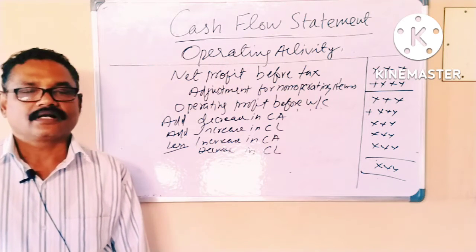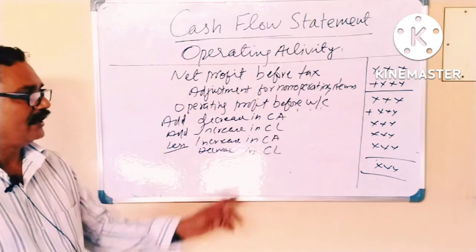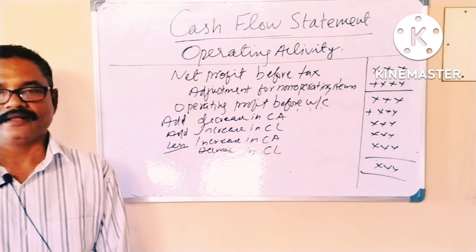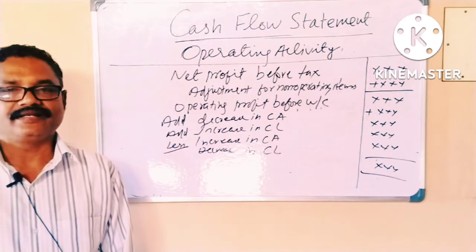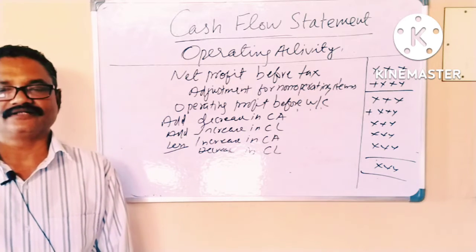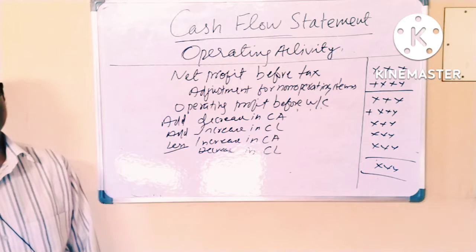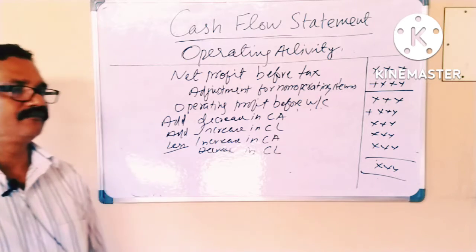After adjusting all these items, we will get the net operating cash flow from operating activities.